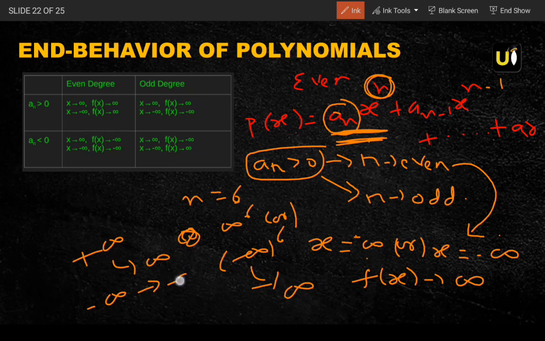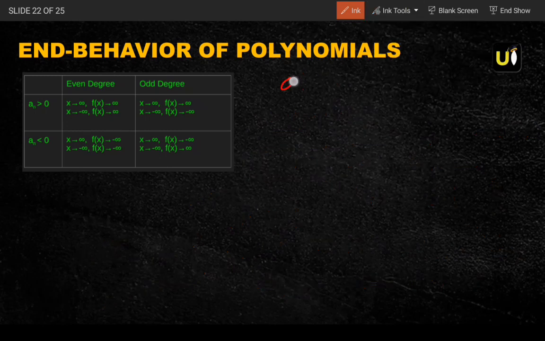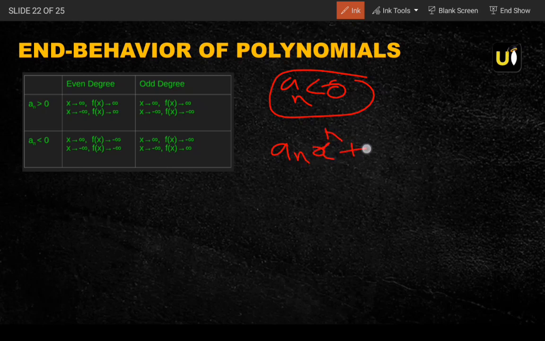As far as x^n is concerned, when n is an even number, for any value of x, it might be a positive value or a negative value, this x^n will be a positive value.